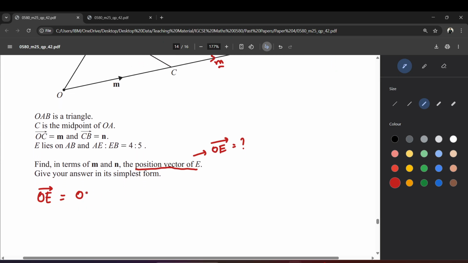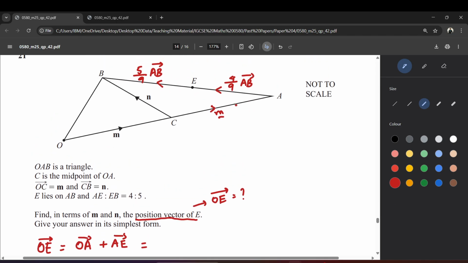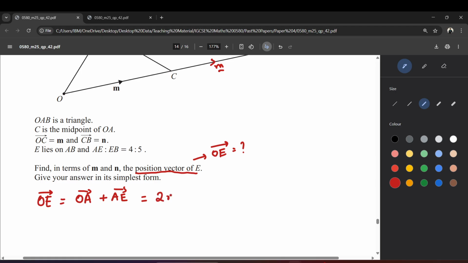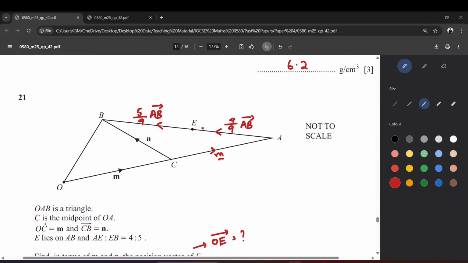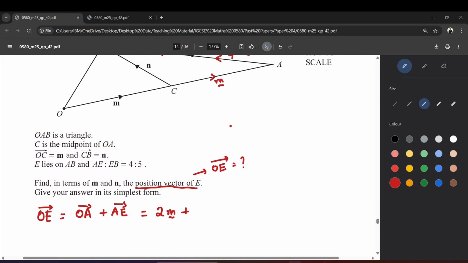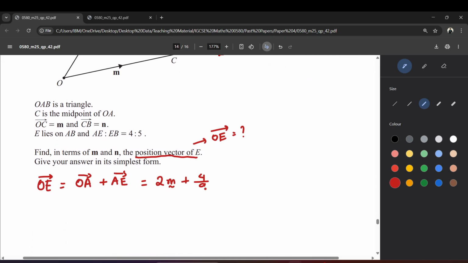OE is equal to vector OA plus vector AE. Now vector OA is M plus M, so that will be 2M plus AE. We have already worked this out, which is 4 upon 9 AB.